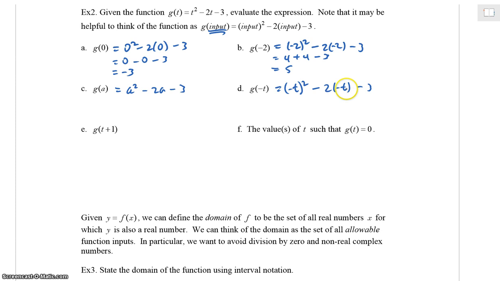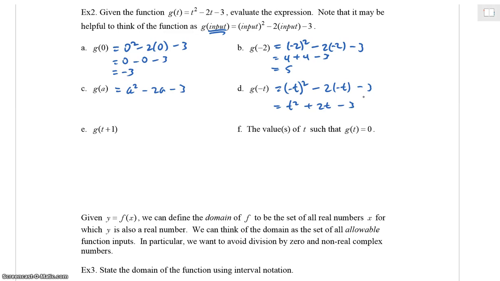So notice minus t replaces t. Minus t is the input. Minus t squared is t squared. Then we'd have plus 2t minus 3. Once again, we get an algebraic expression because a specific value of t is not given in this case.